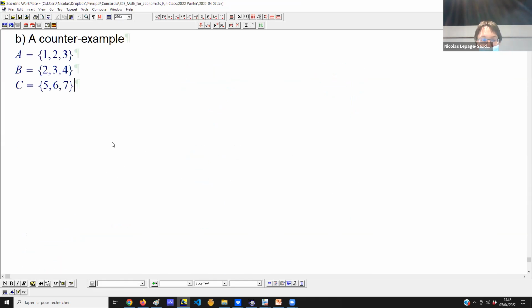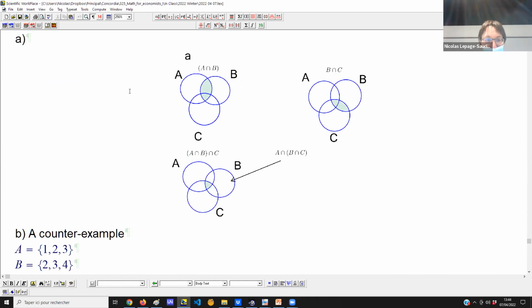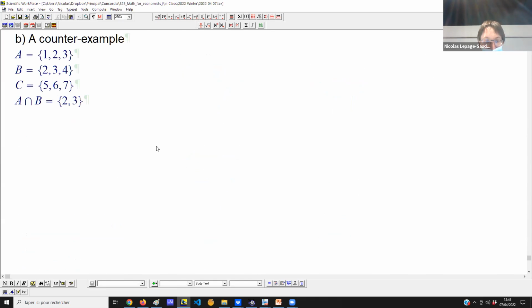So A intersect B is 2, 3, right? 3. And then A intersect B union C is 2, 3, 5, 6, 7.